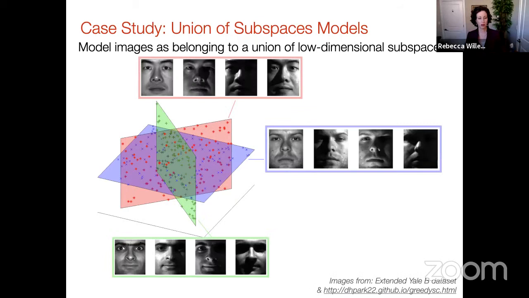This is a model that's been widely used in image processing and computational imaging, with one famous example corresponding to the Yale B data set, showing how the images in that data set lie in a union of subspaces. Again, we're not going to exploit this model in the way that we train or construct our Neumann network. The network is exactly as I described before. But what we're going to do is say, if somehow all of our training data were to lie in a union of subspaces, then what would the Neumann network do in that case?